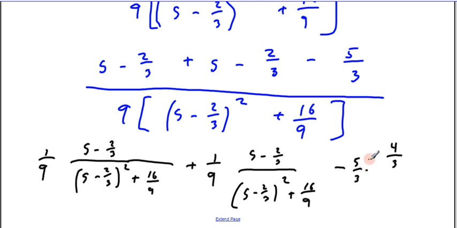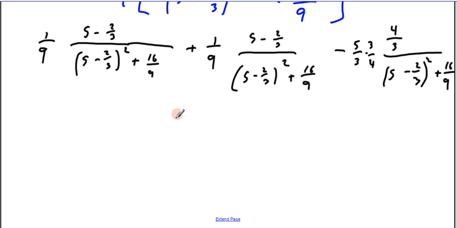I'm going to multiply it by 3 over 4 so that everything works out. And then I'm going to have s minus 2 over 3 quantity squared plus 16 over 9. Okay, so that's what I've got. And then I say, well, I can use number 11 on that guy, I can use number 11 on this guy, and I can use number 9 on that guy.